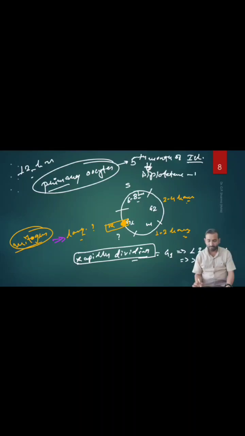Diplotene stage of M1, meaning prophase 1 of meiosis 1. The primary oocyte is stuck in which stage? Diplotene stage. In which month? 5th month of IUL. And they complete this during puberty.